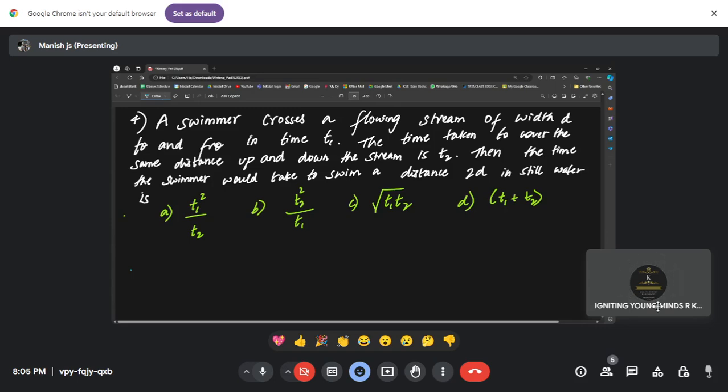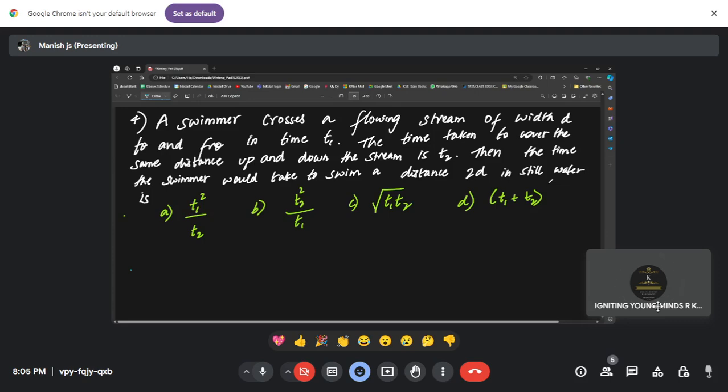So t1 is the time duration wherein he is swimming to and fro. Okay, and the time to cover the distance up and down the stream is t2. To cover the distance up and down the stream, it is t2, and for to and fro, it is t1.